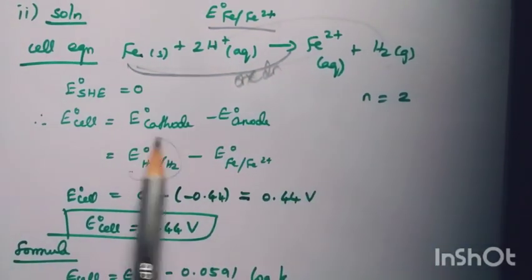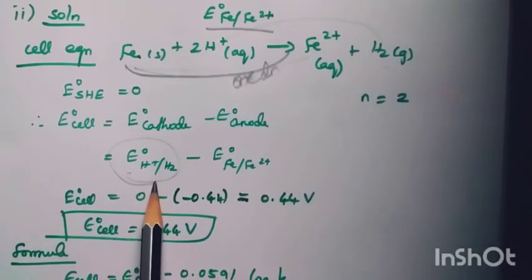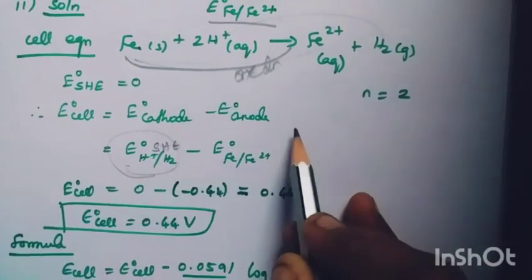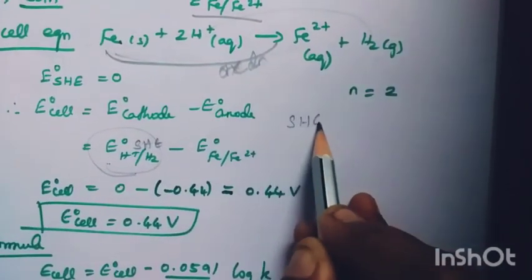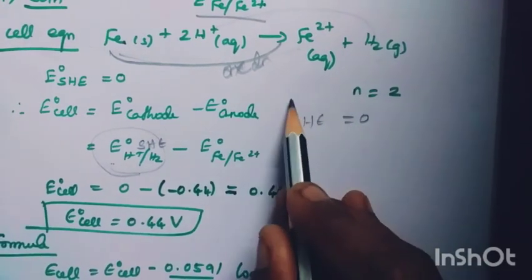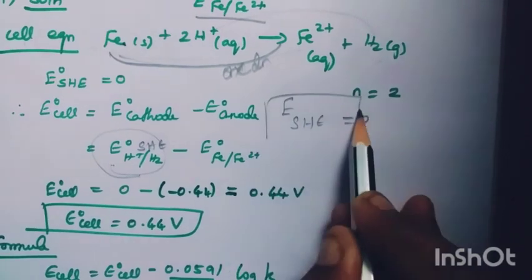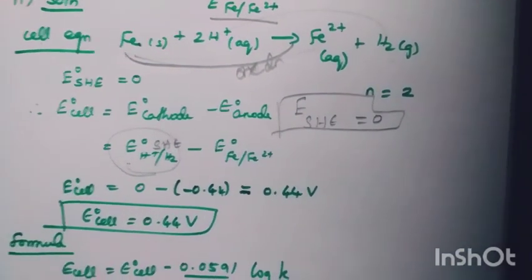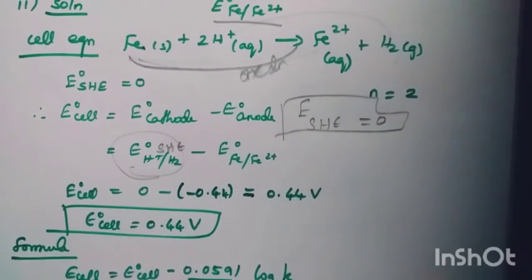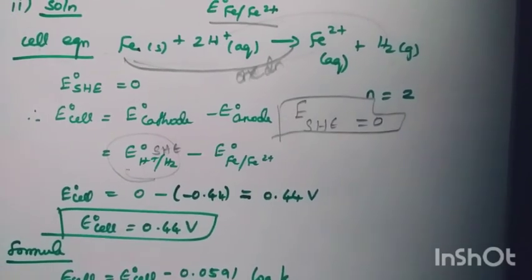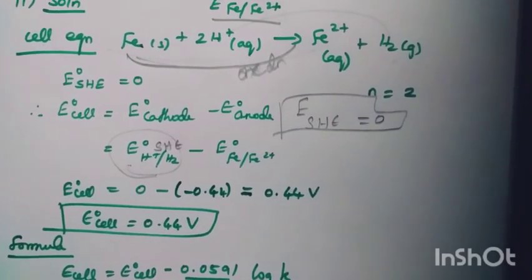So what happens? Whether it is the anode or the cathode, the standard hydrogen electrode value is always 0, so that we can calculate the other half cell value.